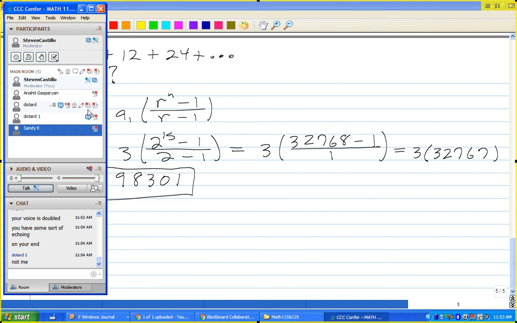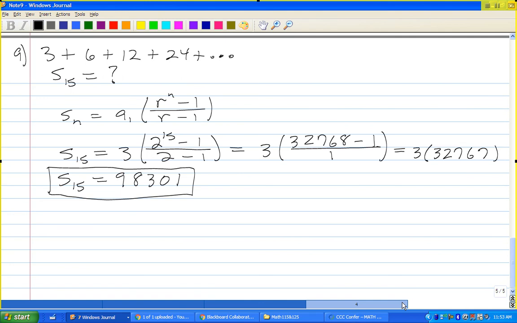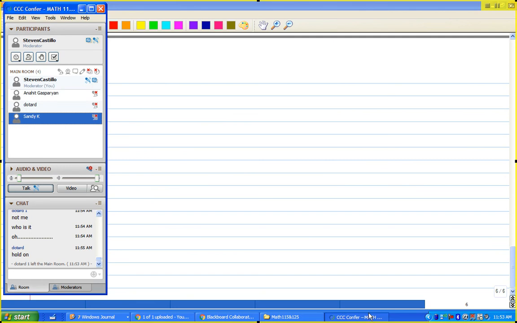Oh, you logged in twice, so you're actually hearing it twice. It's because it's coming from two separate inputs. If you're good, now it should be okay.